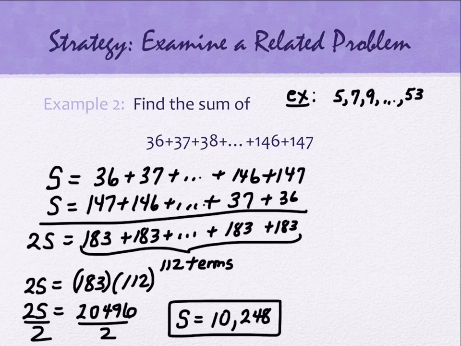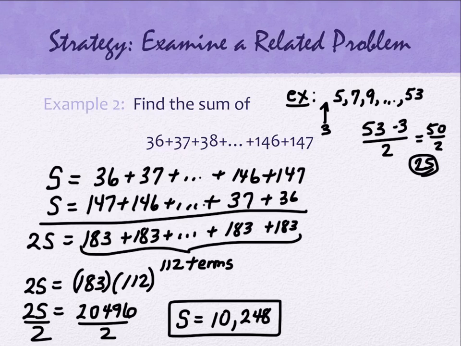So the number we would be looking at if we were looking for how many are in this particular sequence of numbers would be that we would do the 53 minus 3 and then divide by 2 because we have every other number, and we'd end up with how many terms? 50 over 2, which is 25. We'd have 25 terms. There are 25 terms from 5 to 53. You have to consider the pattern that you're working with, not just, oh, I'm just looking at the number right before it. Okay? And we're going to stop there because I think that's a good spot anyway.